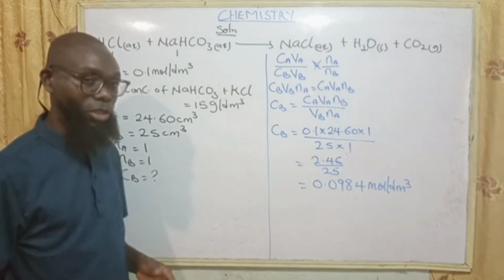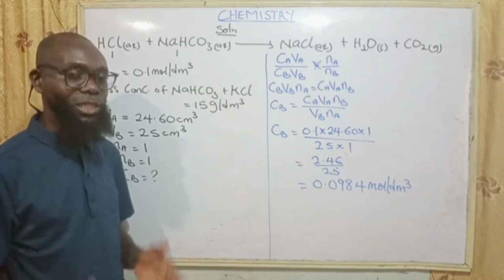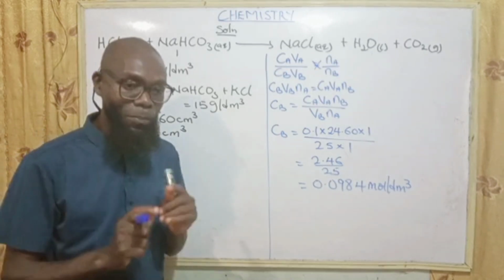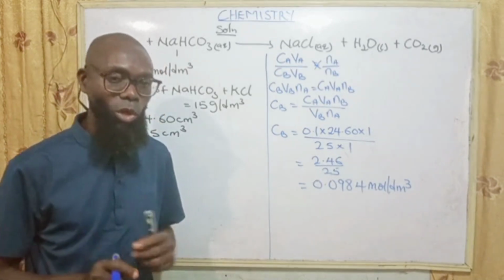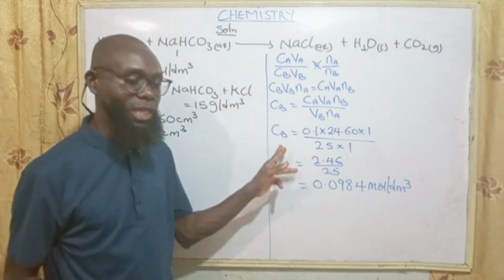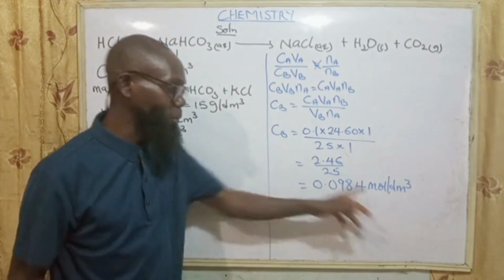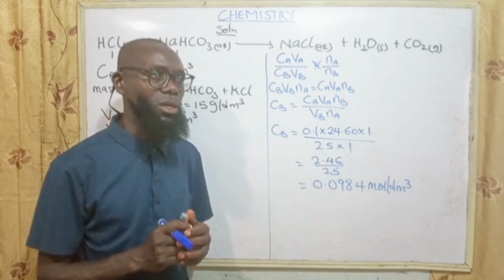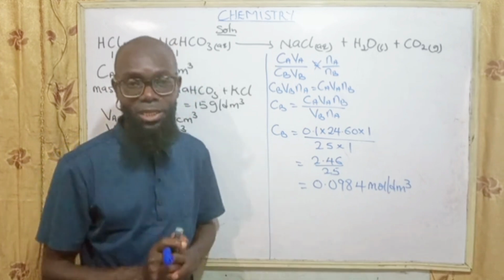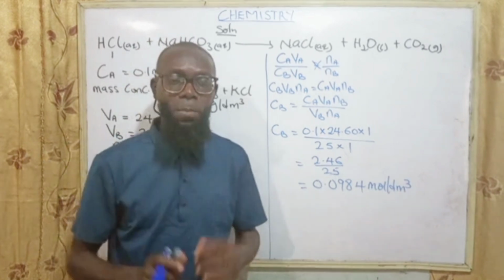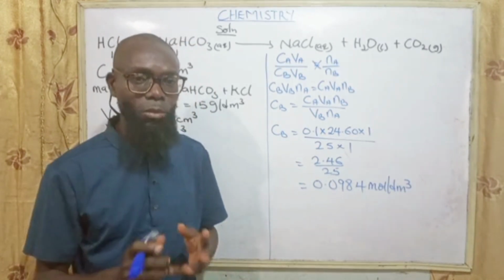So the next question is to now find the concentration of sodium hydrogen carbonate in gram per dm cube in solution B. Now, from this solution B, we've gotten the concentration in mole per dm cube. Now, we can use the second formula that says concentration in mole per dm cube is equal to mass concentration over molar mass.